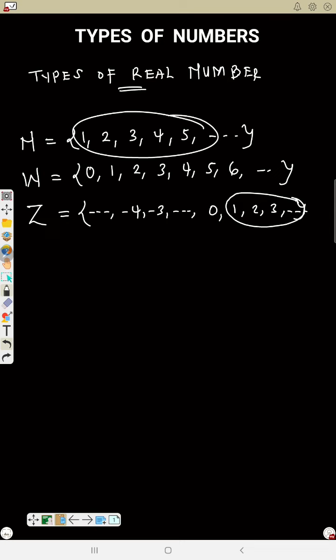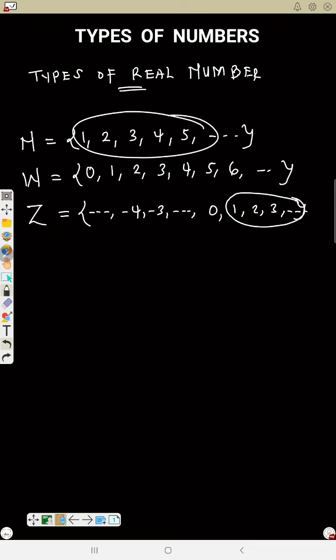Therefore, natural numbers are a subset of Z. That is, all natural numbers are inside integers. I can also say all whole numbers are inside integers. So it's a set of all integers.